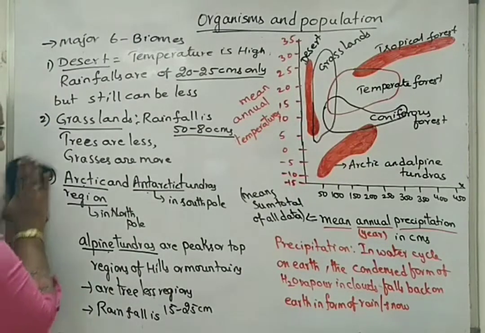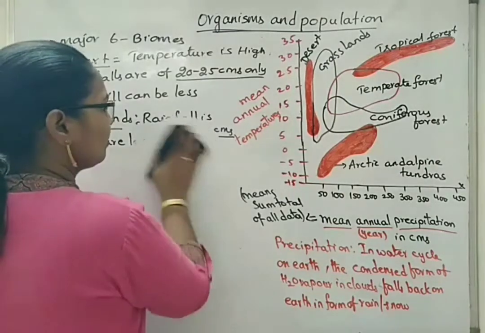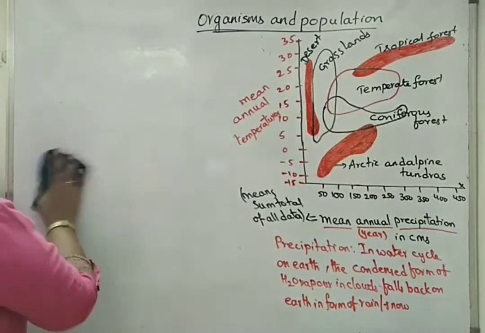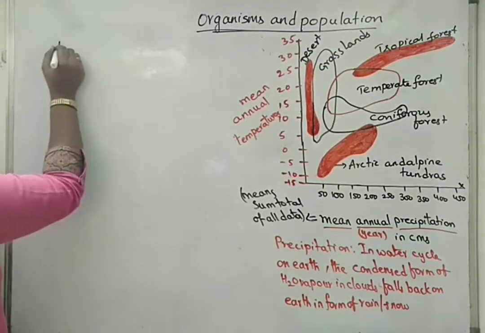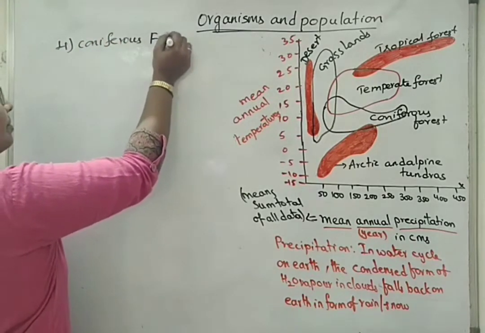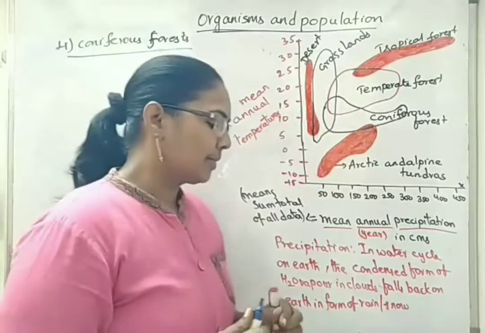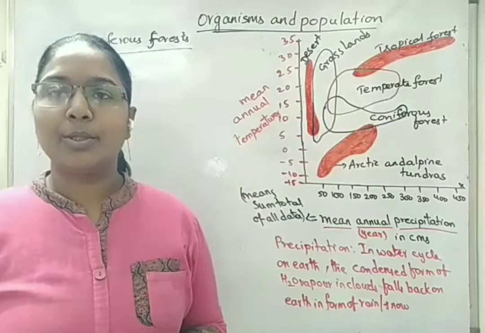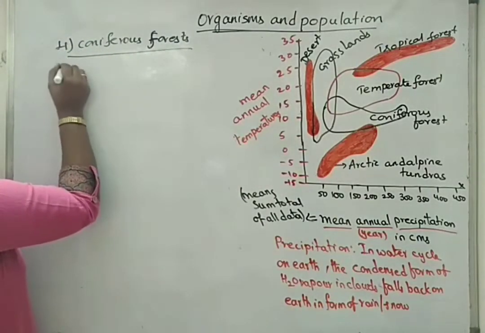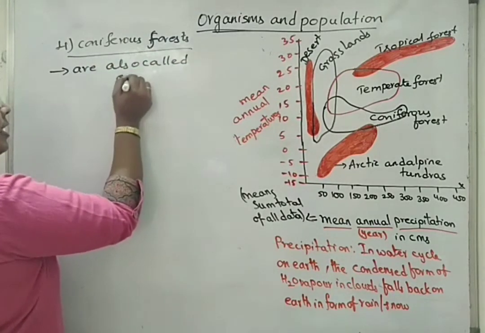So next, fourth one is coniferous forests. Out of 6 biomes, the fourth one is coniferous forests. In case of coniferous forests, the rainfall is considered to be 300 to 900 centimeters of precipitation. Coniferous forests are also called evergreen forests.